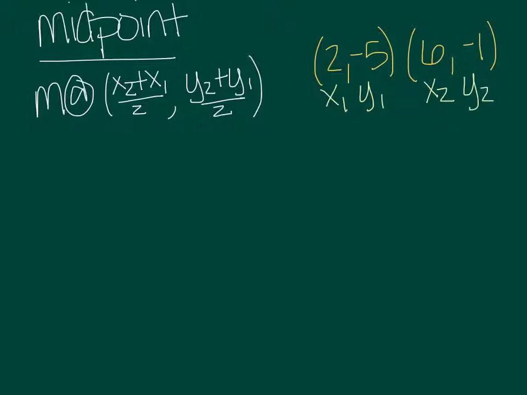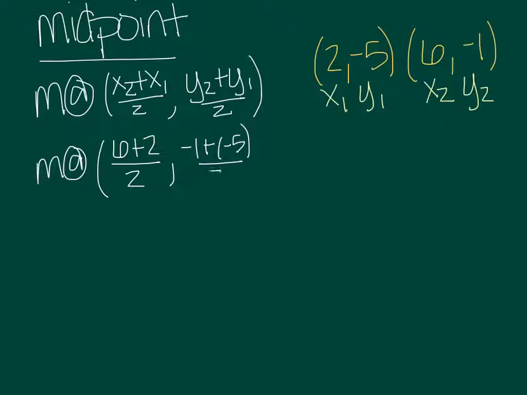Just plug the information into midpoint formula. So we would know that the midpoint is at x2 plus x1 over 2, finding the average, and y2 plus y1, so -1 plus -5 over 2.